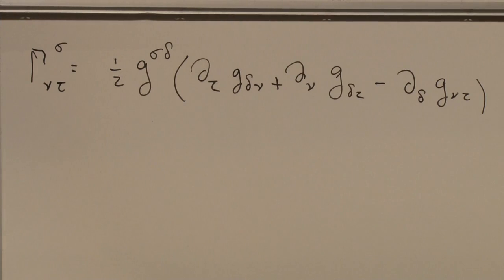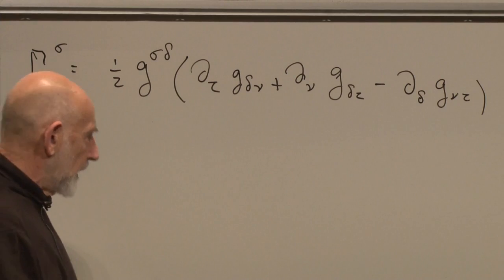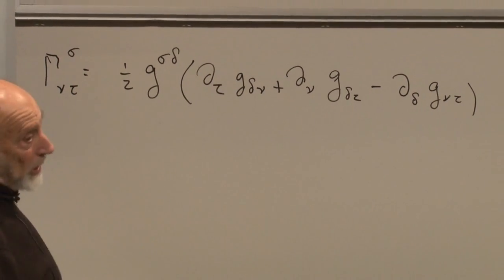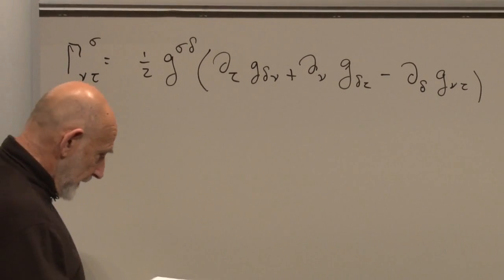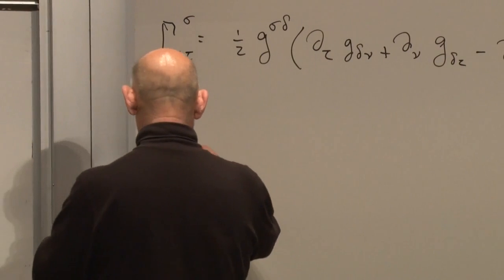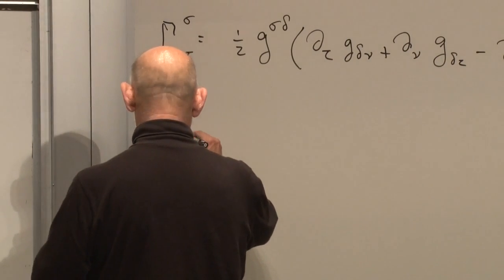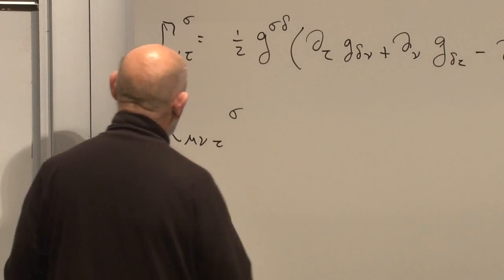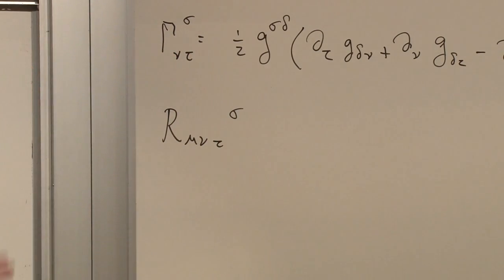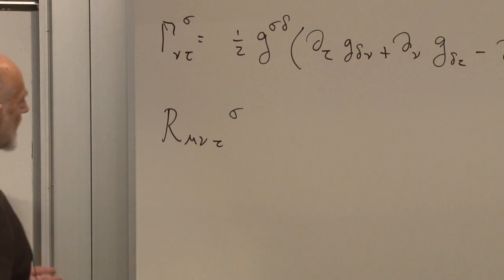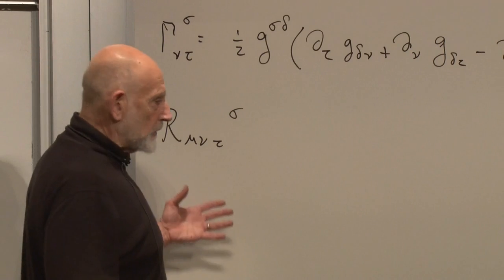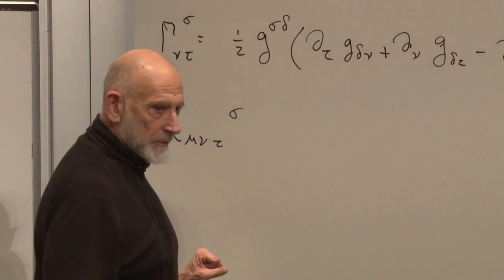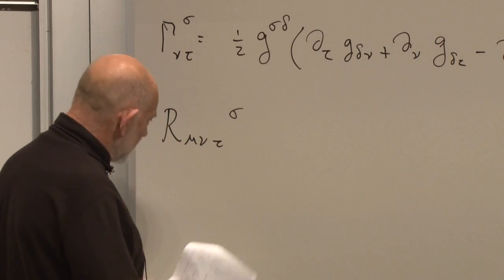All right. Next, what about the curvature tensor? Now, I'm going to write the curvature tensor down, but the only important part of it is that it involves another derivative. So here it is, the curvature tensor, in all its glory, R mu nu tau sigma. And this is the thing which tells us that there's real curvature. If any component of this is non-zero anywhere or in a region of space, the space is curved. Okay?